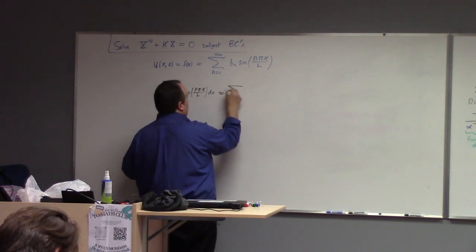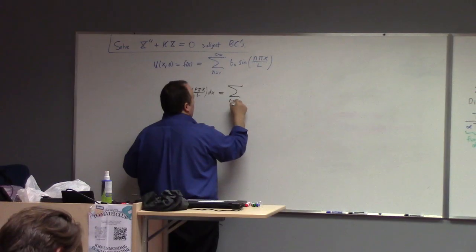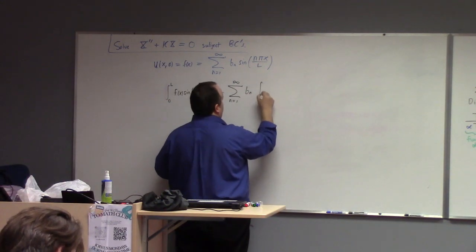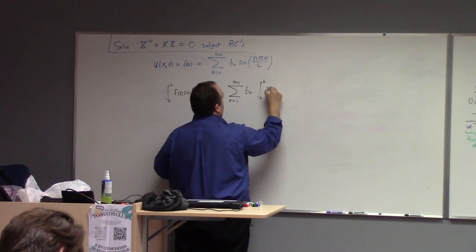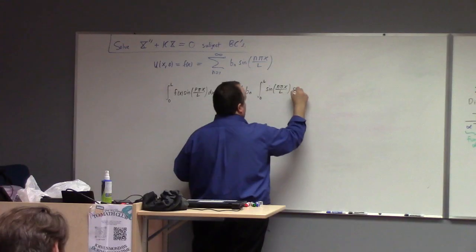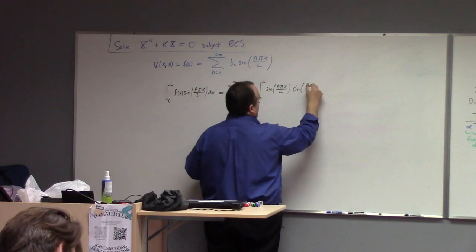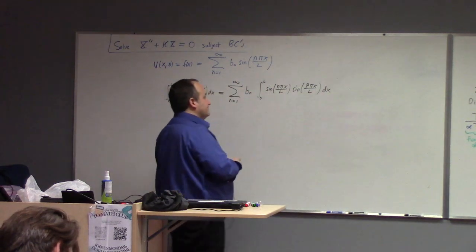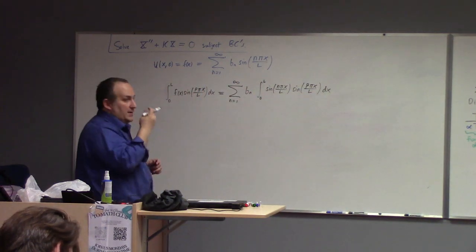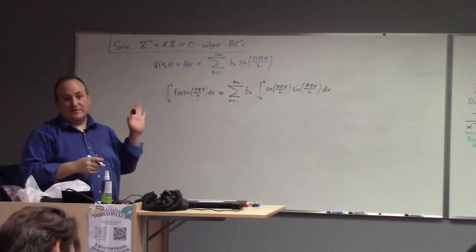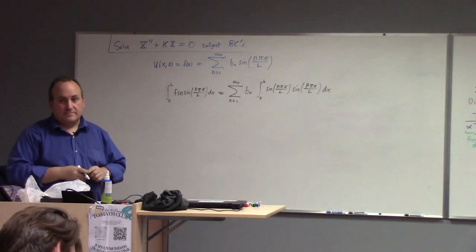Well, then that's going to be the sum n equals 1 to infinity b sub n times the integral from 0 to L of sine of n pi x over L times the sine of p pi x over L dx. Now I made a rather ginormous step there. I pulled the integration inside the summation.